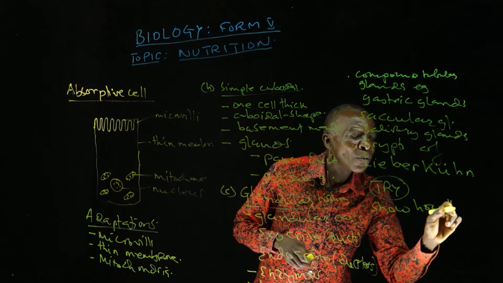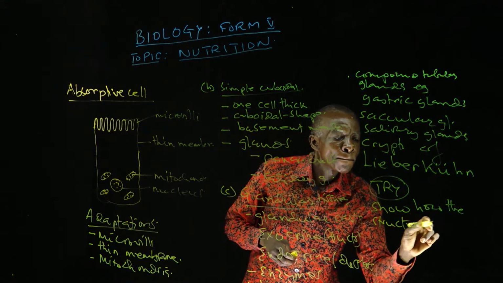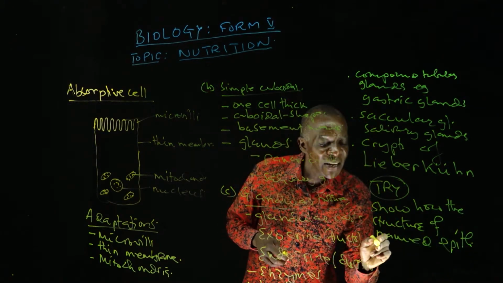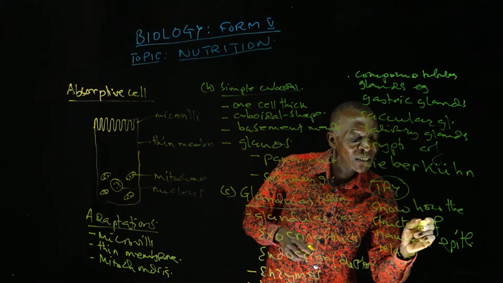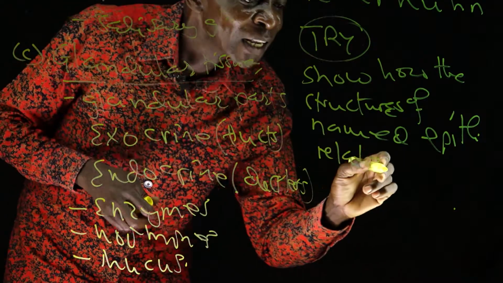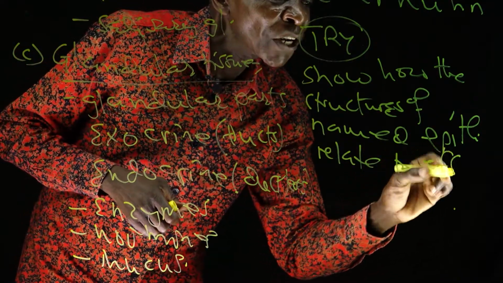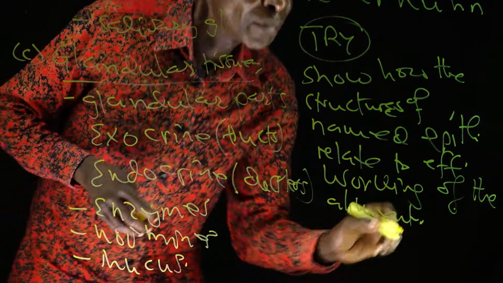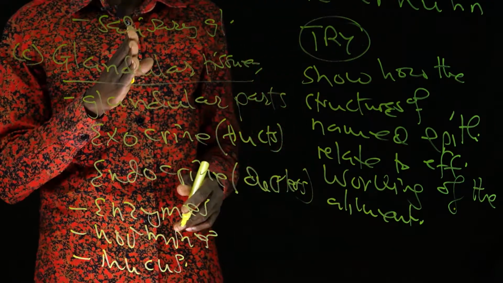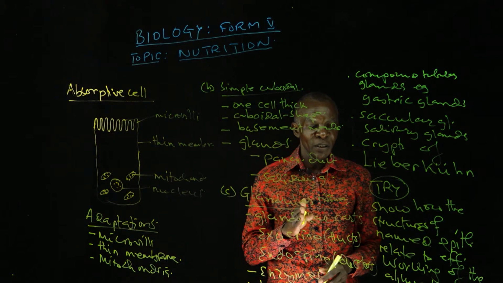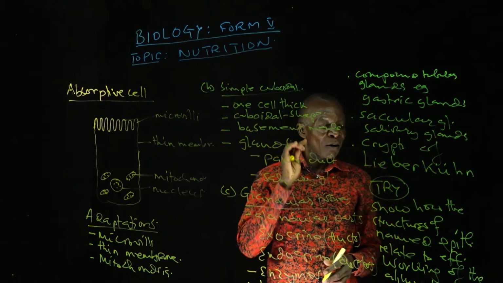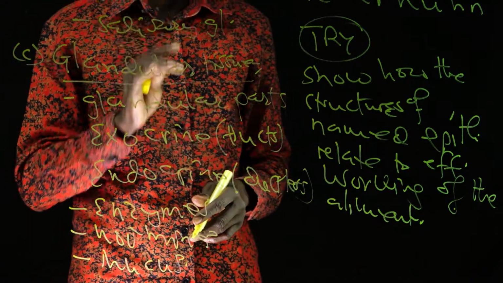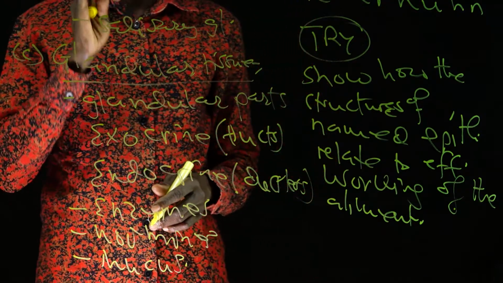Show how the structures of named epithelial tissues relate to efficient working of the alimentary canal.